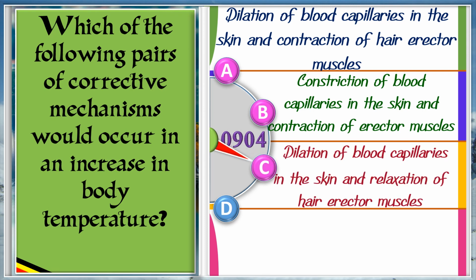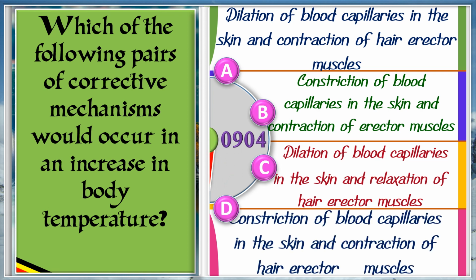C. Dilation of blood capillaries in the skin and relaxation of hair erector muscles. D. Constriction of blood capillaries in the skin and contraction of erector hair muscles. And the answer is C. Dilation of blood capillaries in the skin and relaxation of hair erector muscles.